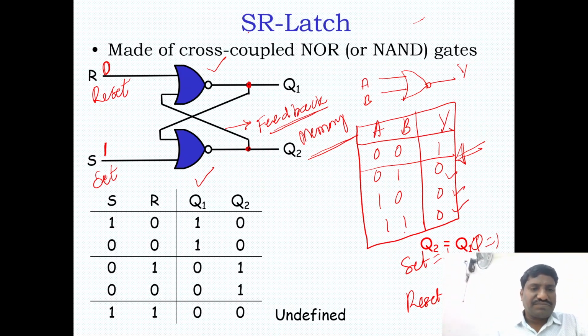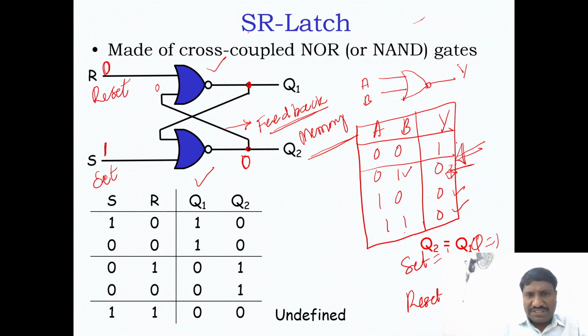Let's check it. I don't know the value of Q1 right now, but I know one of the inputs is 1. From the table, if any one of the inputs is 1, the output is 0. So the output is 0. Why? If one input is 1, that is enough to say the output is 0. I need not look at the other. So when this is 0, it is itself an input to the other gate. So this is 0 and this is also 0 right now.